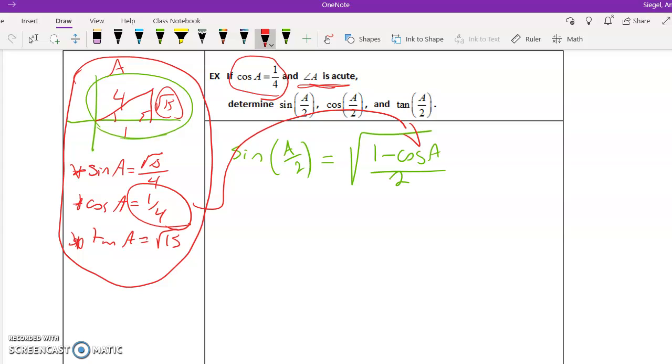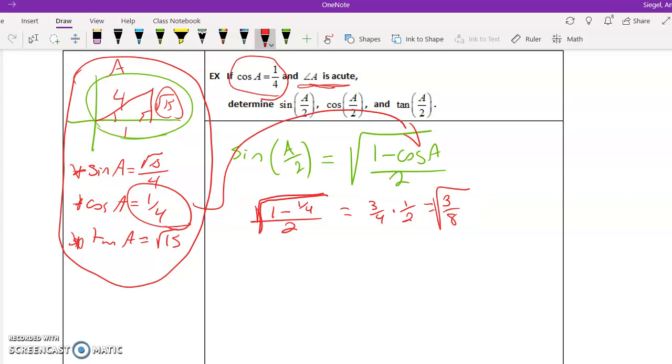So I'm going to plug that in there. So I have 1 minus 1/4 is 3/4 divided by 2. So times 1/2 is 3/8. And so, sorry, I forgot the square root. So we're going to do the square root. We're not done yet.